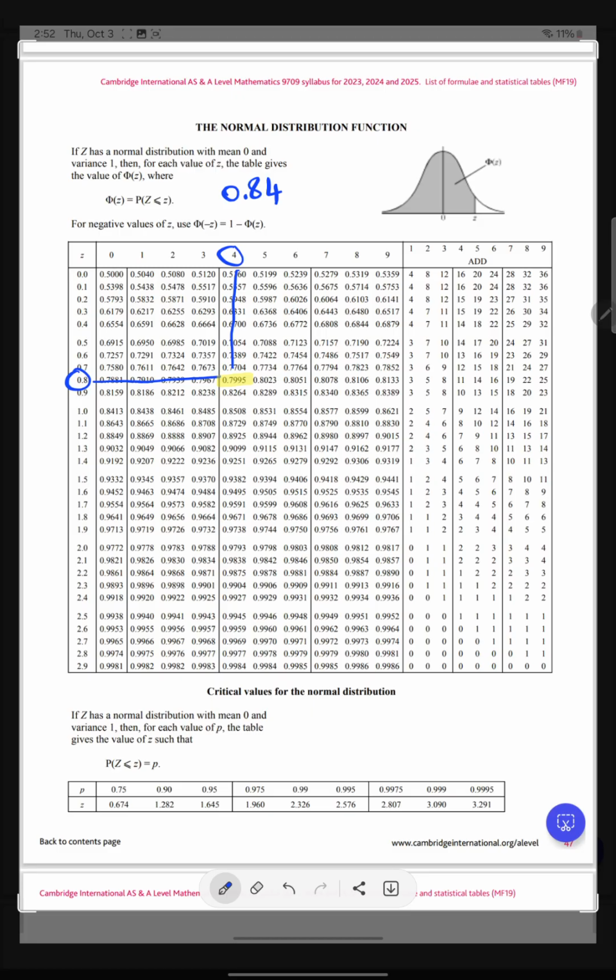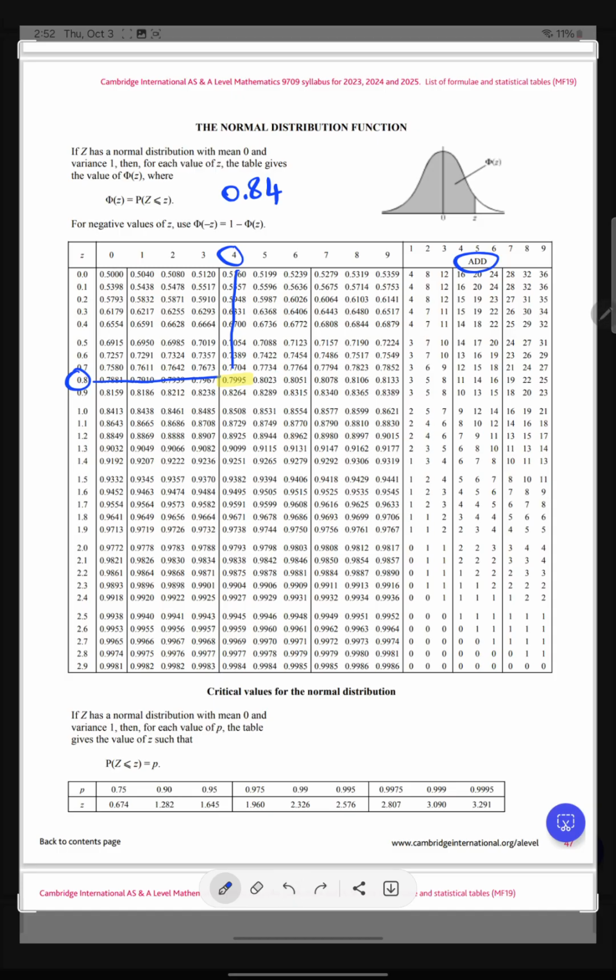But we don't want the probability equal to 0.7995. Instead, we wanted 0.8. So how to obtain 0.8? We look at this table add. To get 0.8, we should add 0.0005 to this value here.